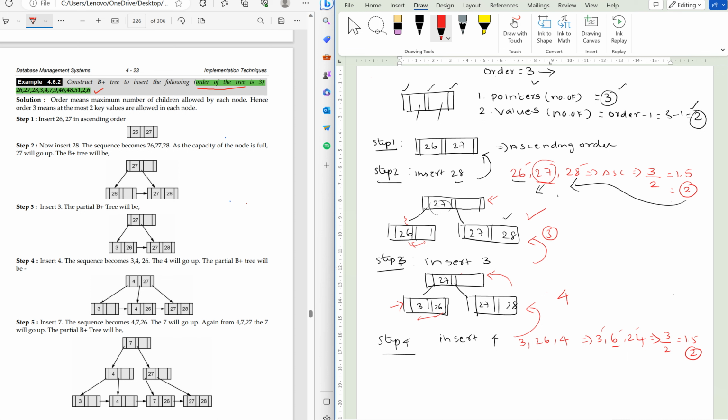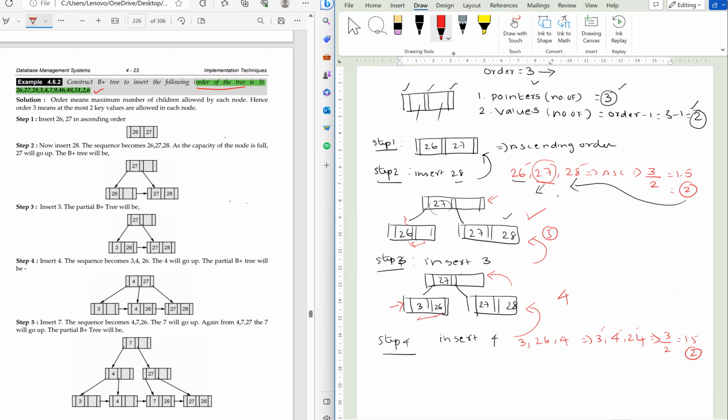So here it comes 4. Then this 4 should be taken to the node in the upper level.